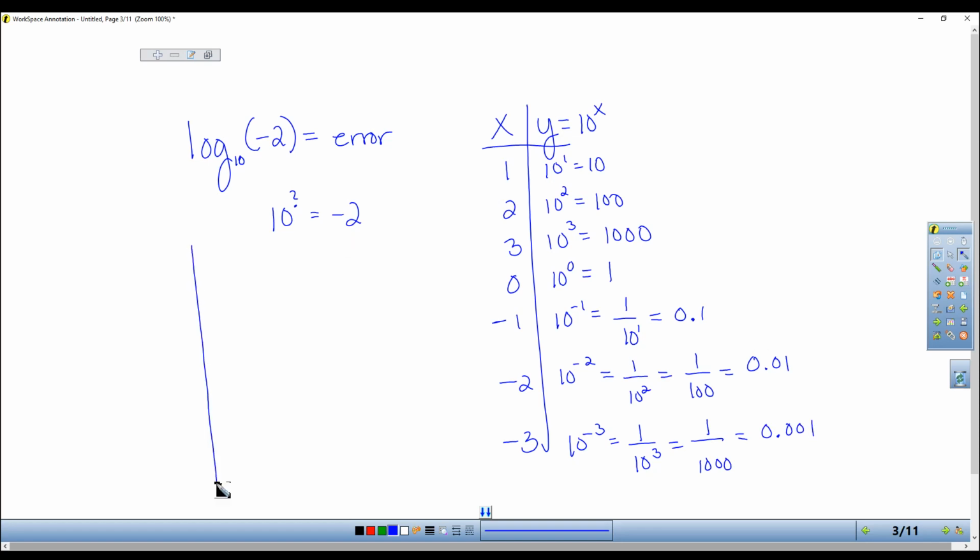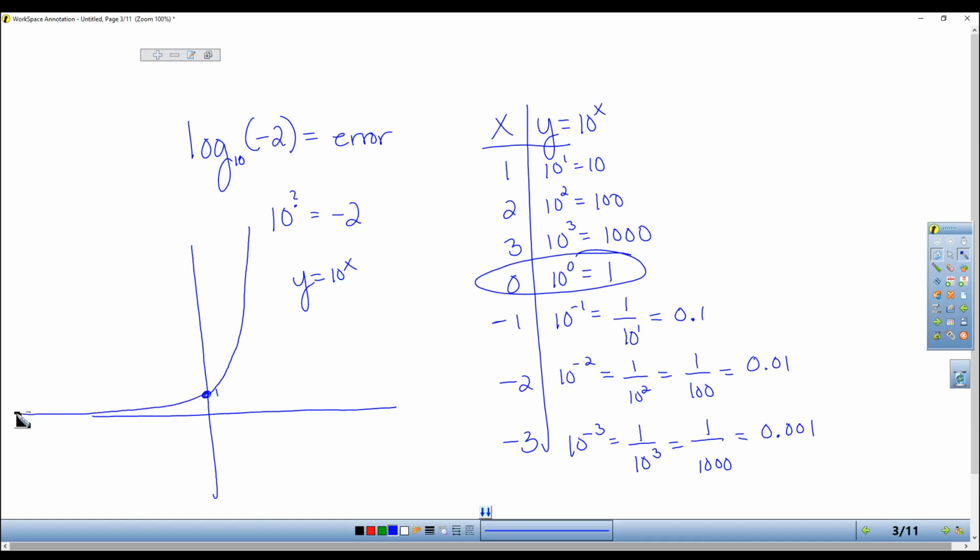It's not. Think about the exponential graph. The exponential graph has a y-intercept of (0, 1), and once you get bigger than 0, the graph is going to go up. But as you become more and more less than 0, negative 1, negative 2, the number is going to get very small. It's going to get close to 0. But is it ever going to be negative?